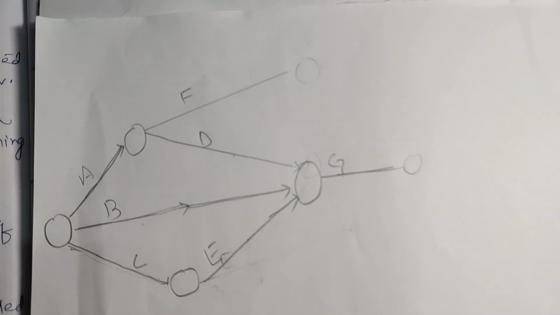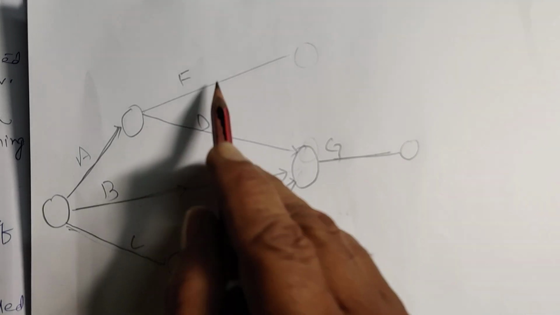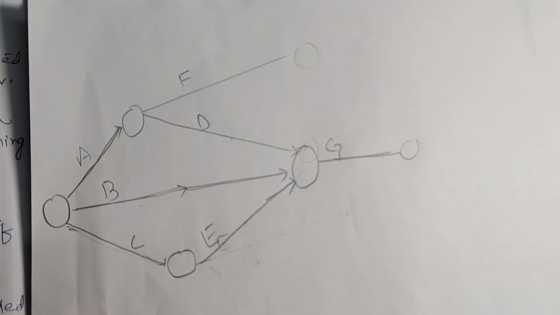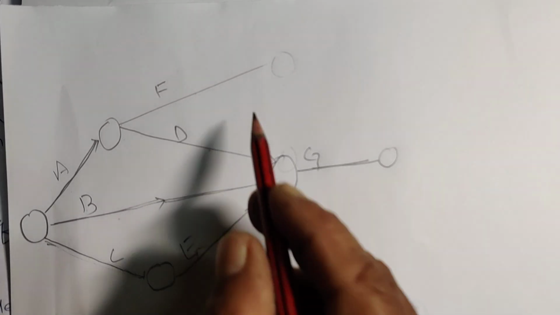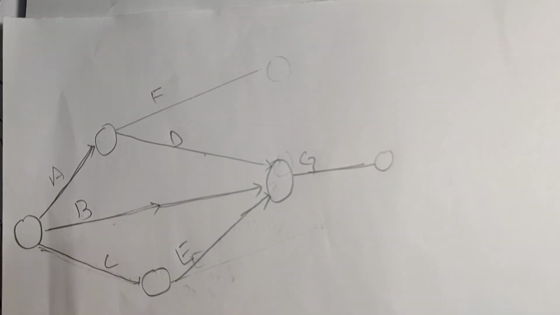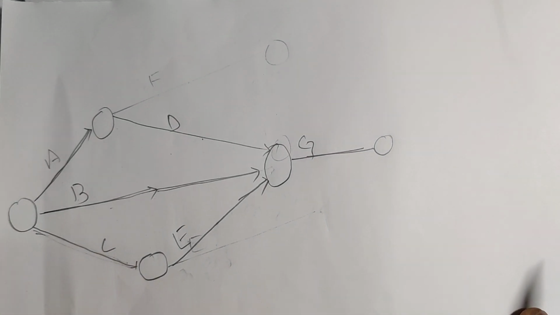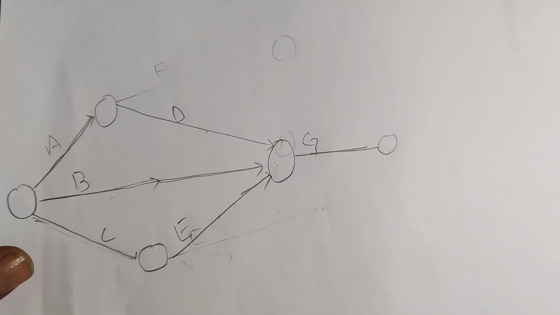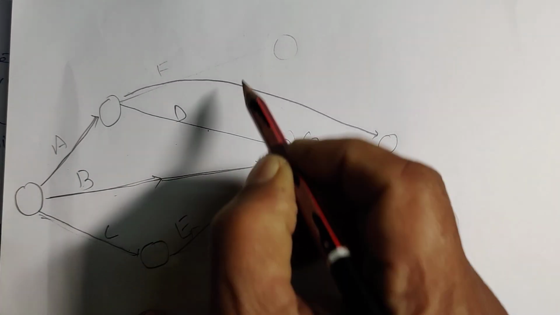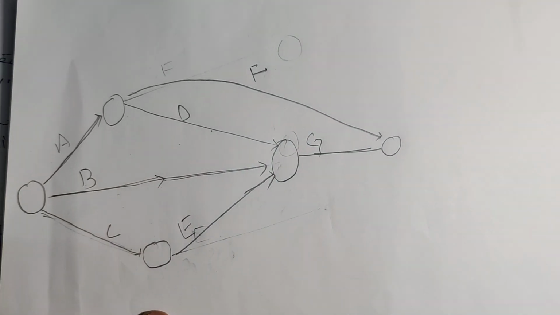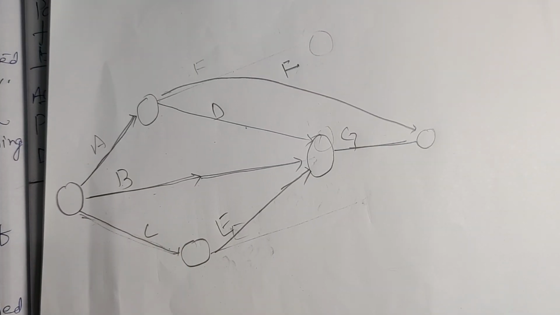Now look at this, sir. After this activity F, there is no other activity to perform. Therefore, join this activity here. This way activity F is merged here, because each network is having only one initial and one terminal node.